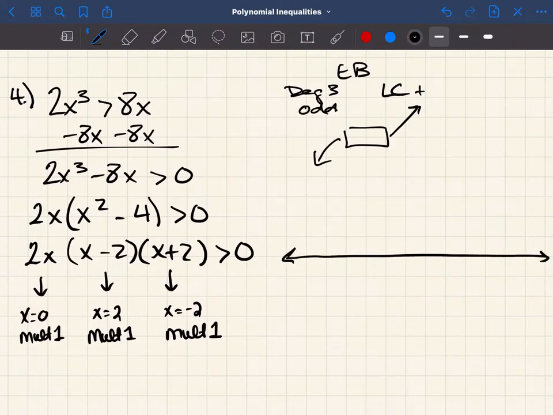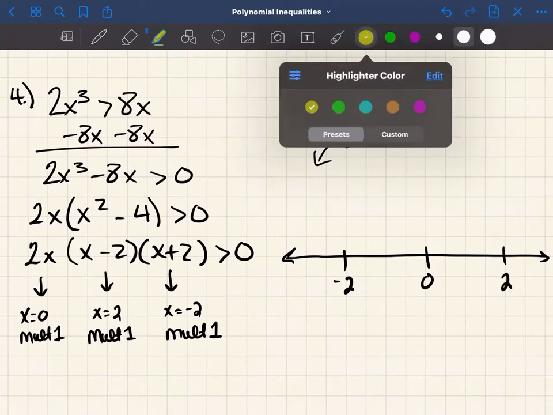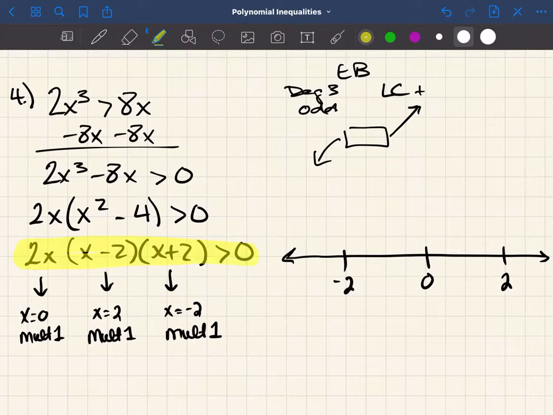All right, we'll put our zeros on. So we have negative 2, negative 1, we'll say this is 0, this is 1, and this is 2. We are looking at, so we highlight our inequality here, we see that it's greater than 0.